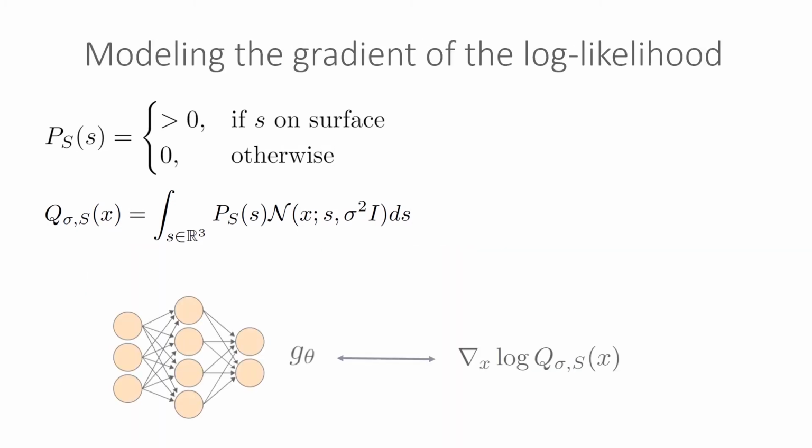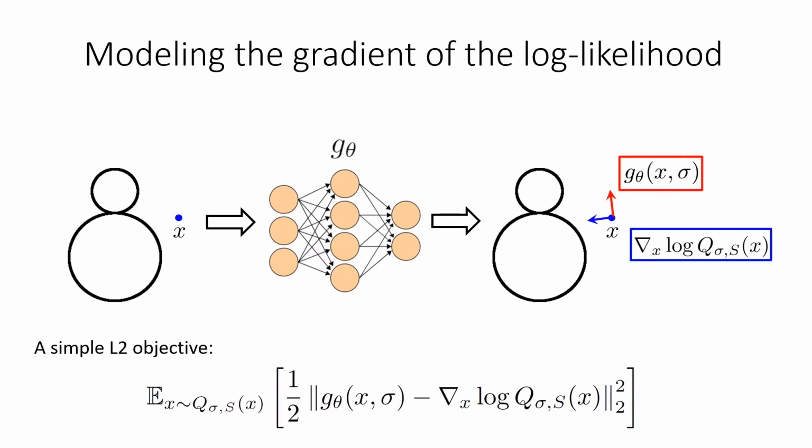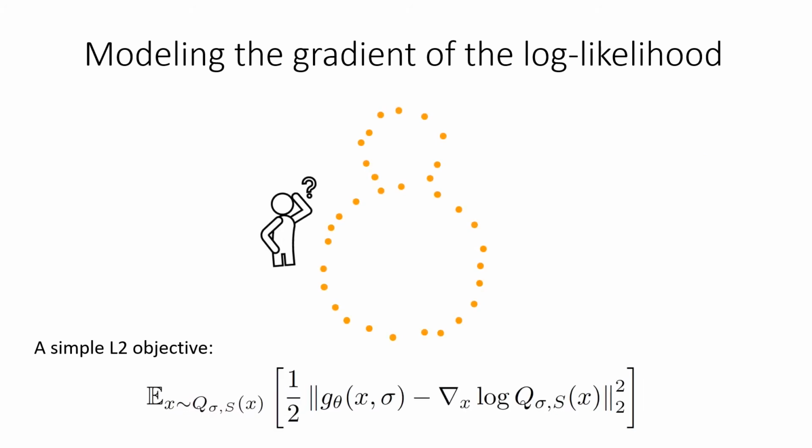We model this gradient field using a deep neural network, g-theta. A simple objective to train this network is to minimize the L2 loss between the network prediction and the ground truth gradient of the smoothed log density at multiple sampled locations. For example, at a location denoted by x in this 2D case. However, a key question is, how can we compute the ground truth gradient field from an input point cloud?